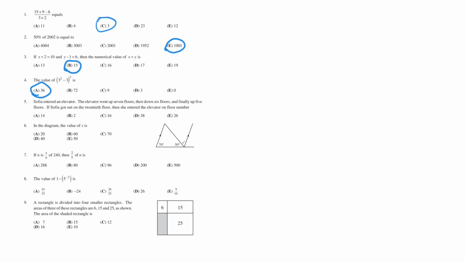If she entered on floor x, then going up 7 floors means plus 7, then down 6 means minus 6, finally up 5, plus 5.